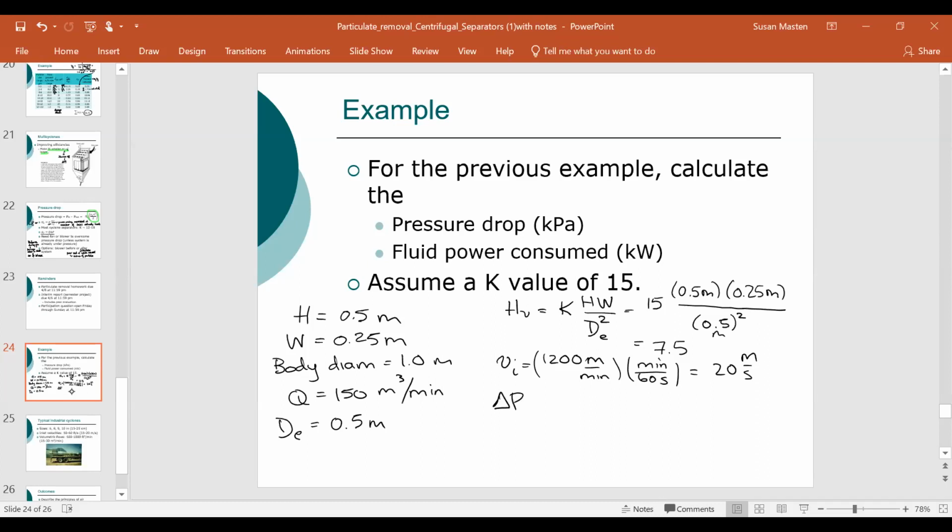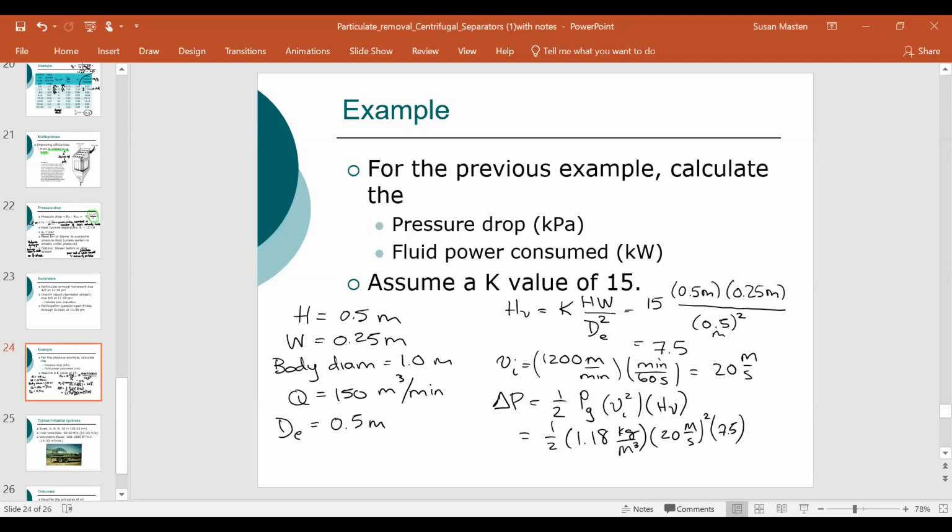Delta P is equal to 1/2 rho_g V_I squared times H_V. And that is equal to 1/2 times 1.18 kilograms per meter cubed, times 20 meters per second squared, times 7.5.